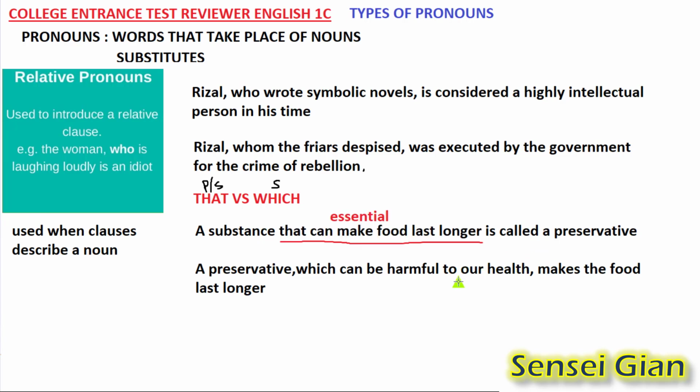Doesn't make sense. But here, a preservative, which can be harmful to our health, this clause you can delete. It's called a non-essential clause. If you delete it and the sentence still makes sense, a preservative makes the food last longer, it's which. So that's the difference between that and which.